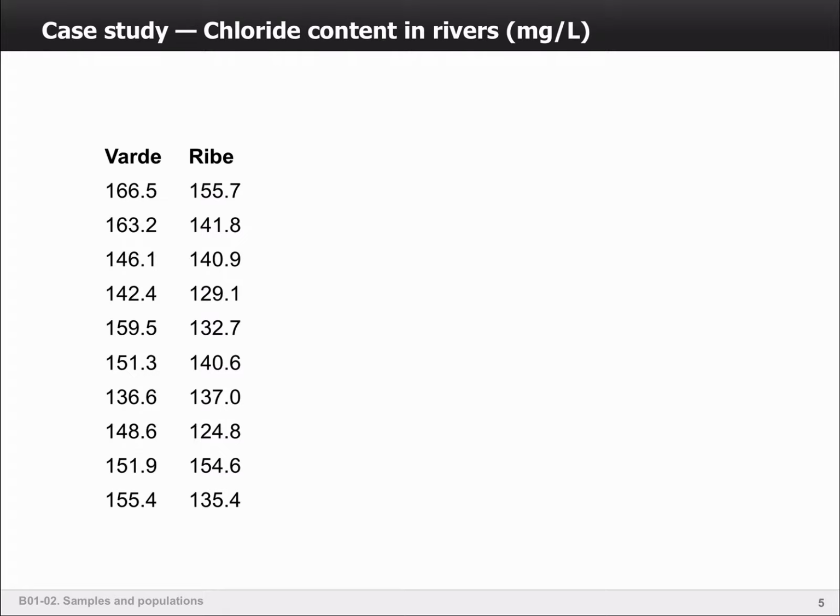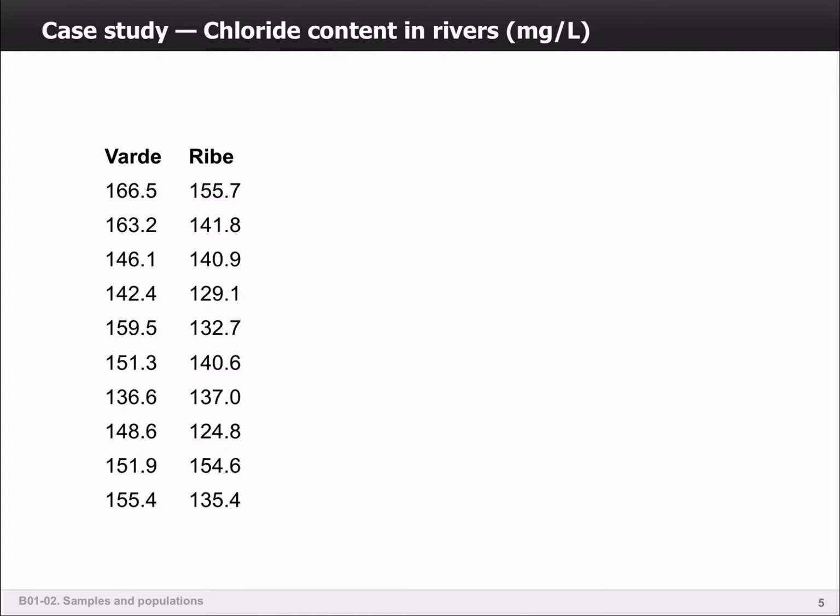If you remember our short class on numerical methods in analytical chemistry in the third semester, you'll find that the example is very similar to this one. The idea is the following. We have two rivers, Vada and Riba, and we would like to know if they are contaminated. Let's say we would like to know the chloride content in the rivers, and we know that if chloride content on average is above 146 milligrams per liter, then the river is contaminated.